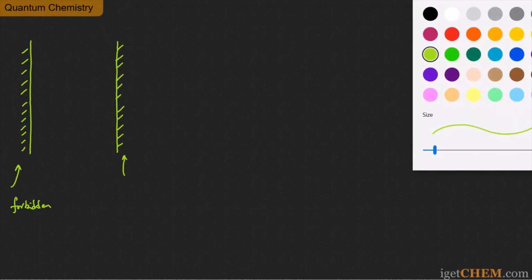So we put a wall there and a wall there, and the particle cannot penetrate into these walls. These regions on the outside are the forbidden regions, and the particle is only allowed to be found inside the box.